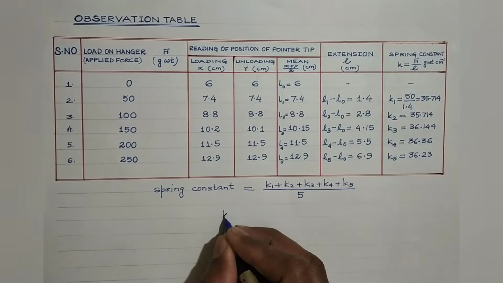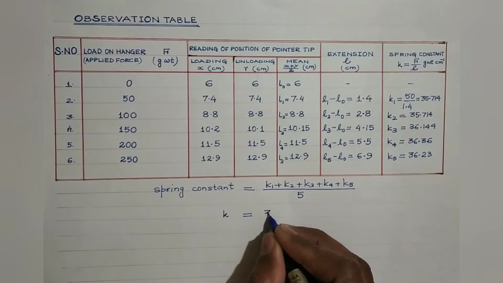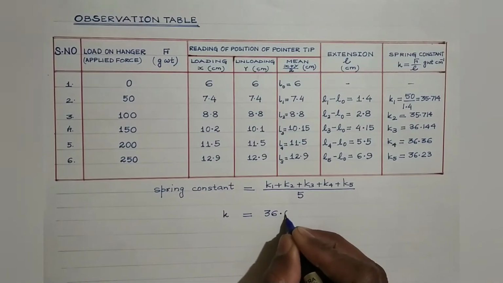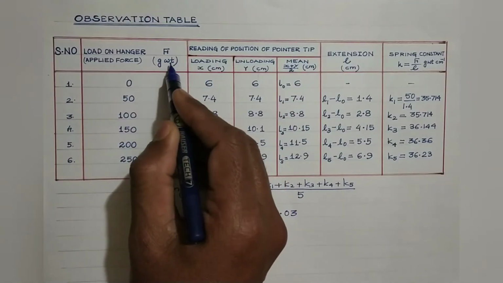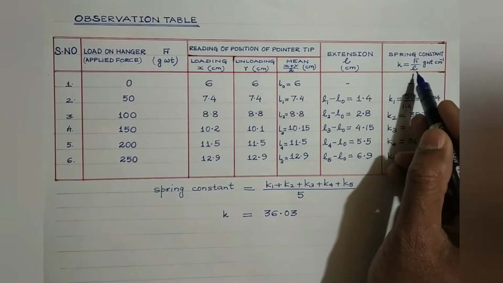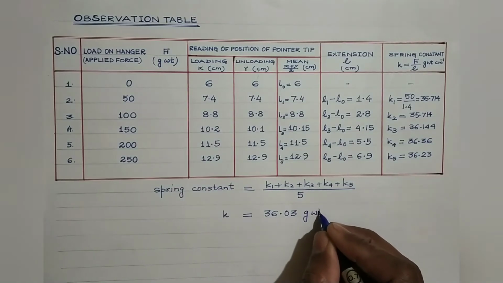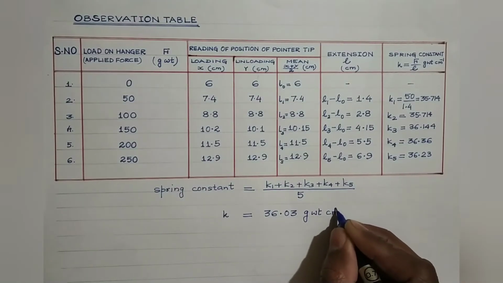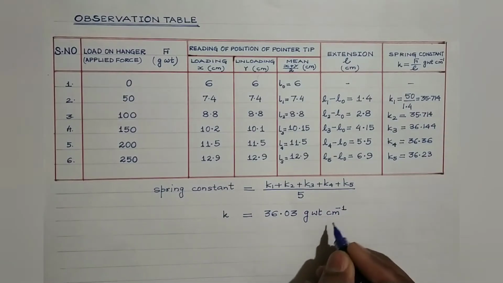Students, if you substitute these values and solve it, you will get 36.03. The units would be, F is measured in gram weight and extension is measured in centimeter, so it will be gram weight per centimeter, right? This is the unit.